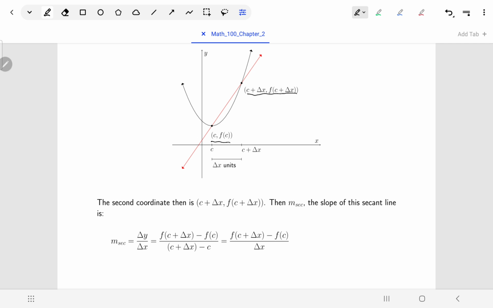And that simplifies to give me this, f of c plus delta x minus f of c all over delta x. So for whatever c that I've chosen, for any delta x that I look at, this little formula will give me the slope of the secant line, passing through when x is c and when x is c plus delta x.